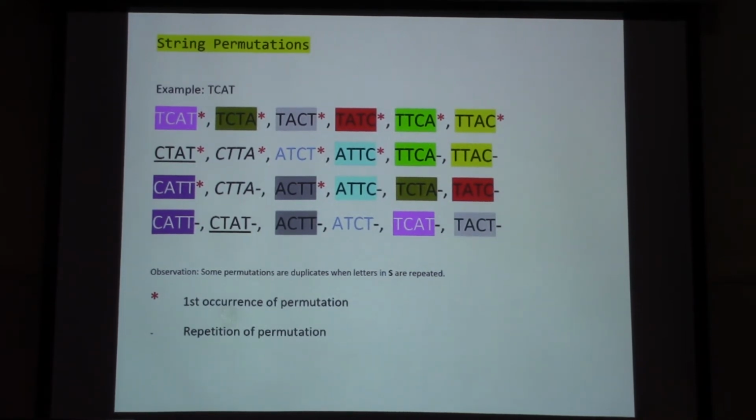However, when we do permute them, we find that some of them, marked with the asterisk, are duplicates. The first occurrence of a permutation gets an asterisk, but if it doesn't have an asterisk, that means it's a repetition. So the question is, how many unique permutations do we have? 4 factorial divided by 2 factorial, because there are 2 T's, so we divide by 2.